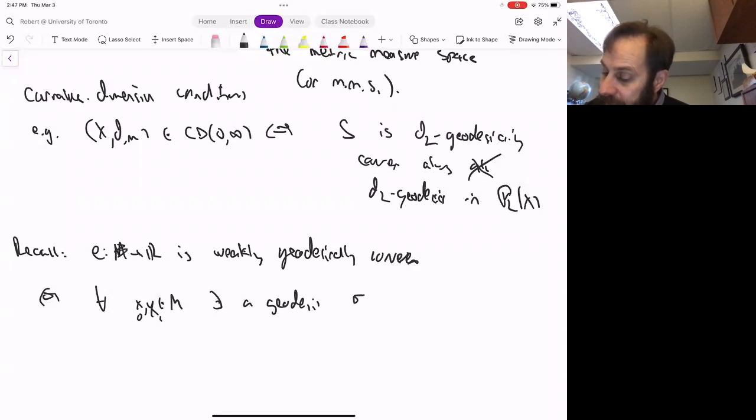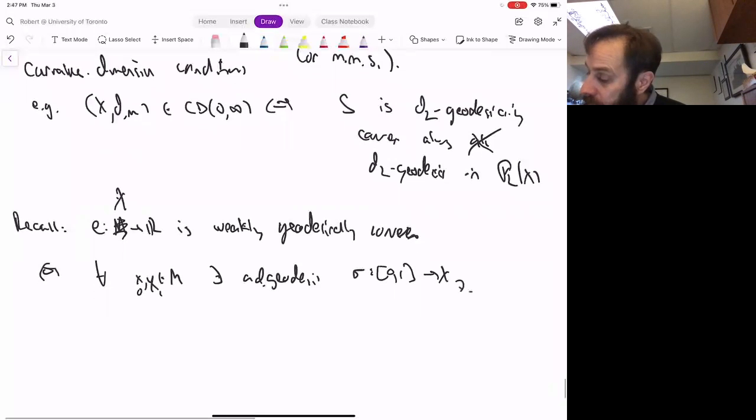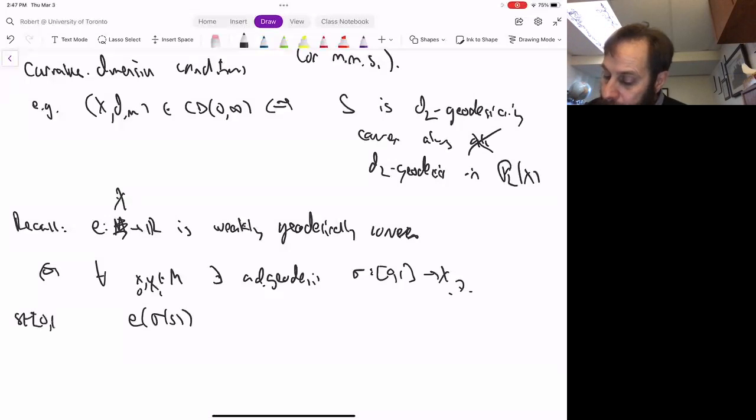I guess I should call this X for consistency of what I was saying up there. A geodesic sigma taking 0, 1 into X, a D geodesic sigma, such that E of sigma S is convex.